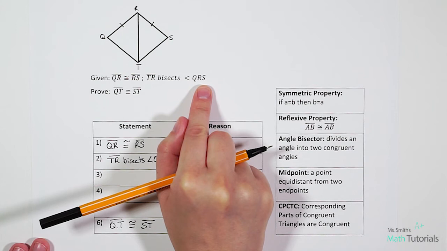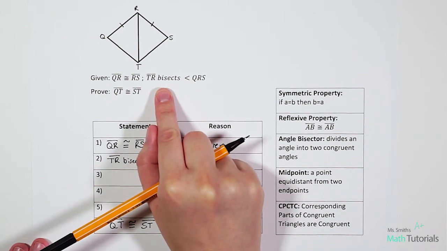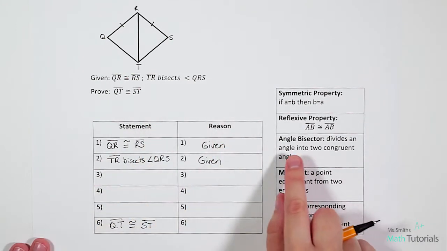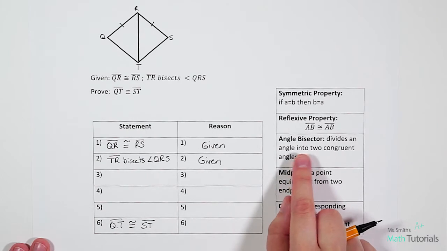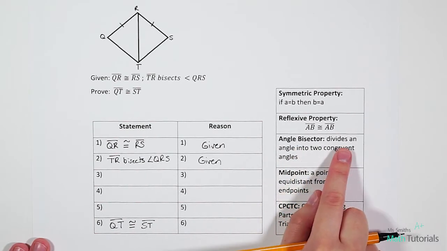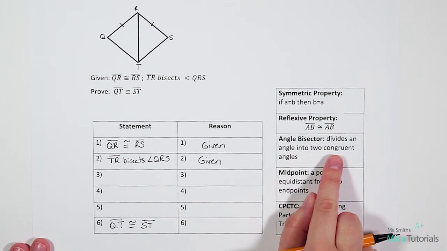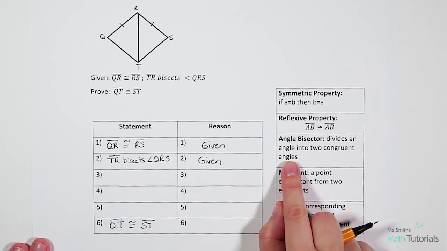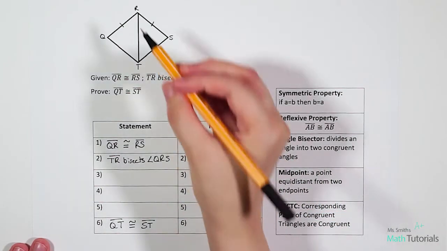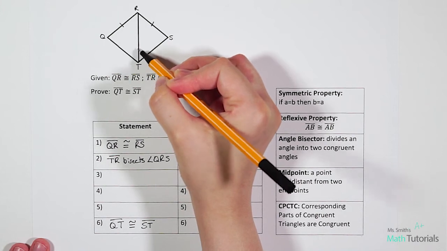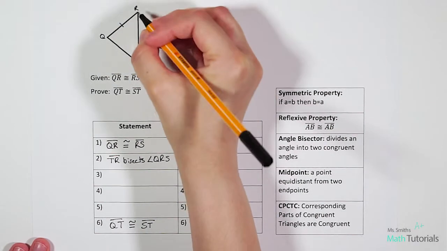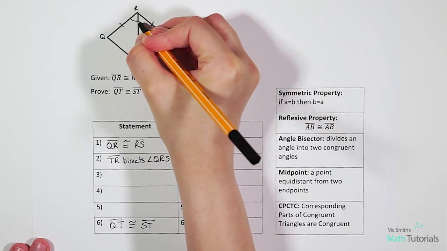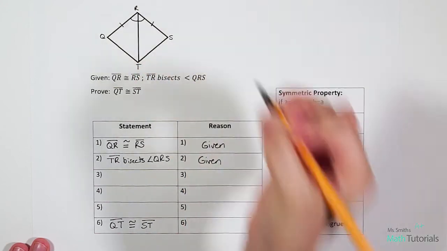To understand what an angle bisector is, I've included this definition over here. So an angle bisector divides an angle into two congruent angles. So what that means is when you have a line that is bisecting an angle, it cuts the angle into two equal parts.